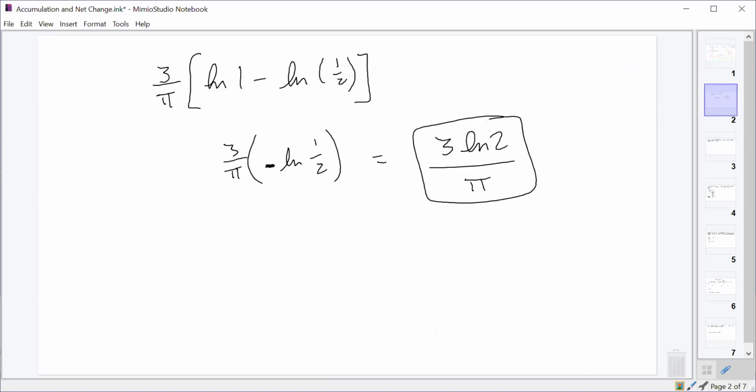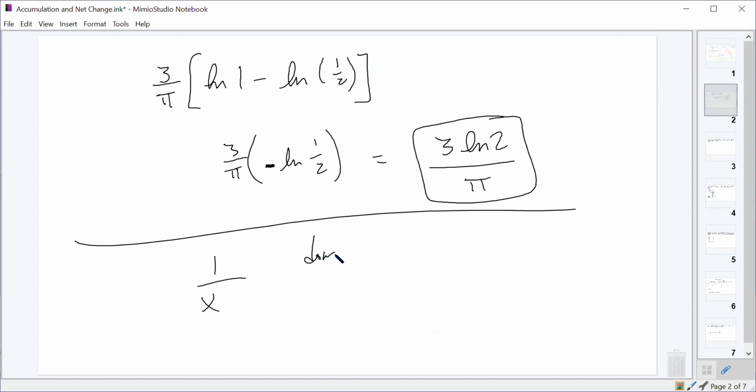But the reason why is, if you think about the function 1 over x that we're integrating, this has a domain of -infinity to 0 union 0 to infinity, right? But if we take the integral of it, we know the derivative of natural log x is 1 over x, so the integral of 1 over x has got to be natural log x.